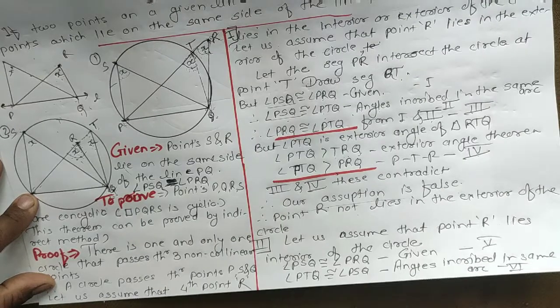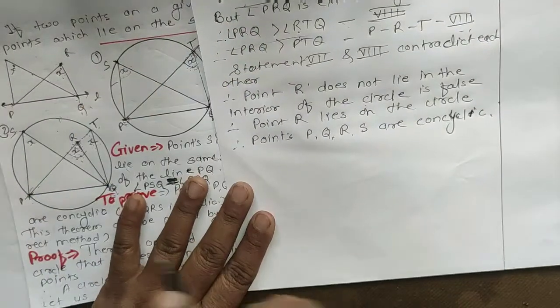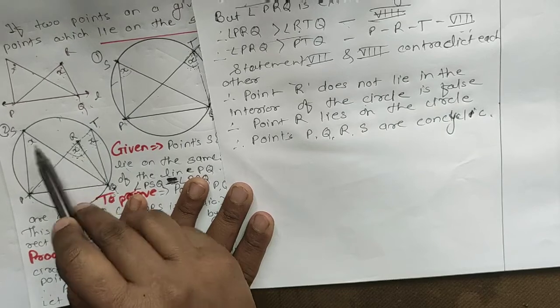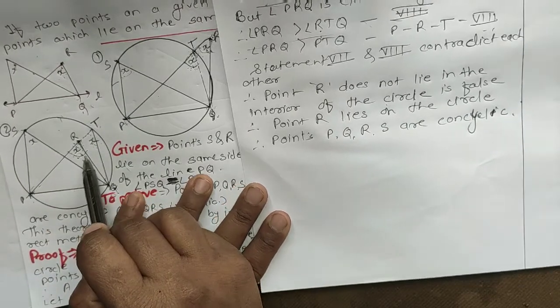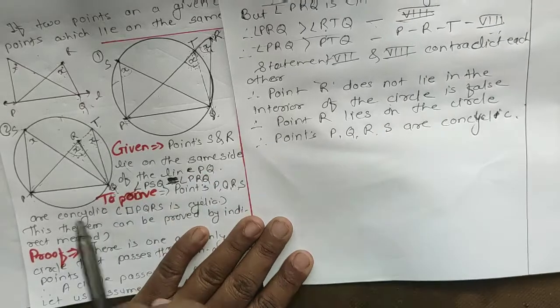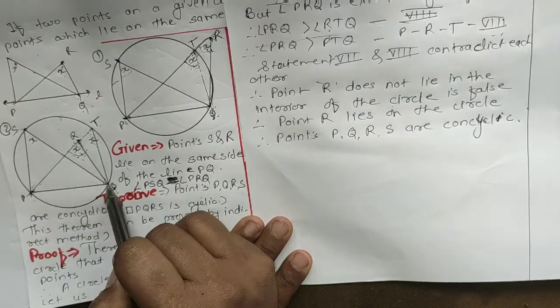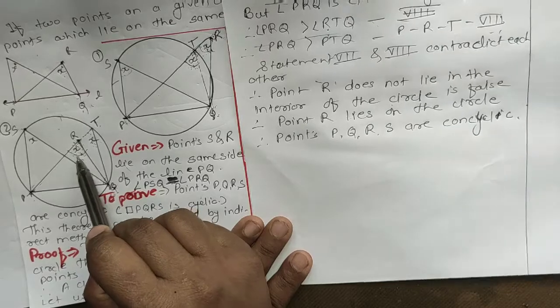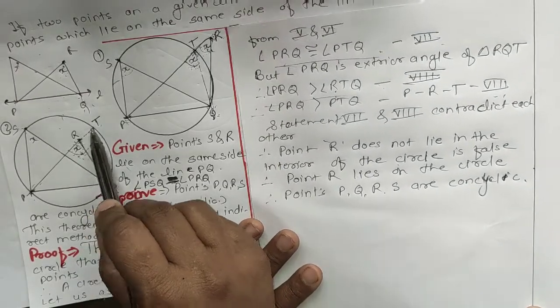Then afterwards, these two angles are congruent to each other, and these two are congruent to each other, as given. Now for this RTQ, angle PRQ is an exterior angle, and if it is an exterior angle, it is greater than RTQ and RQT both.